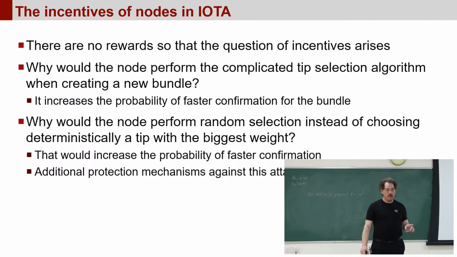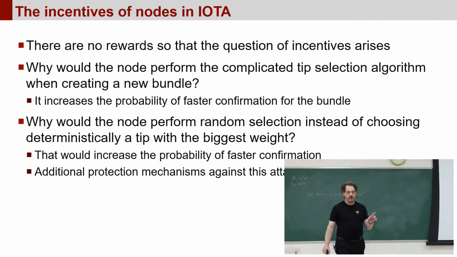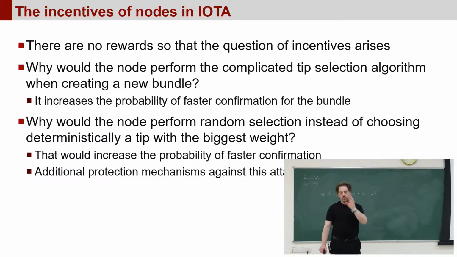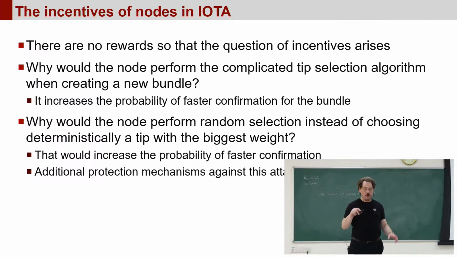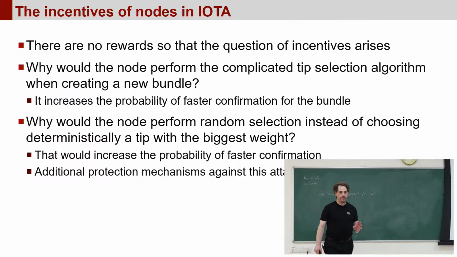Therefore, it's very likely that whoever wants to append a new transaction later would also select the same path. And if instead I pick a path with lower weights, then my transaction will take longer to be confirmed by the others. So that's the logic.